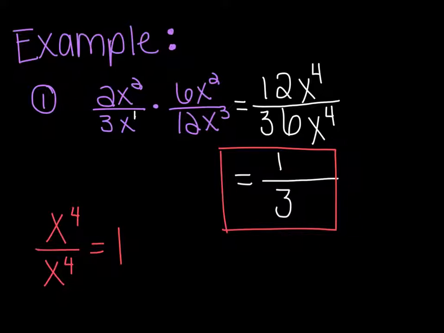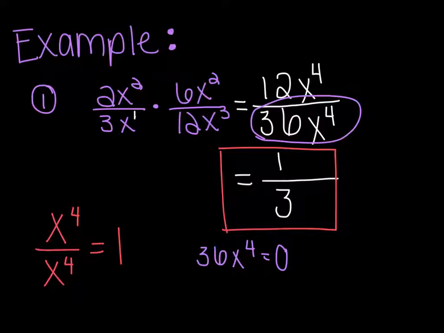The last thing that we need to ask ourselves is what the excluded value is. And to do that, we're going to go back right before we simplify it. So we're looking at our denominator right here, and we're going to set that equal to 0. So I'm going to have 36x to the 4th equals 0.